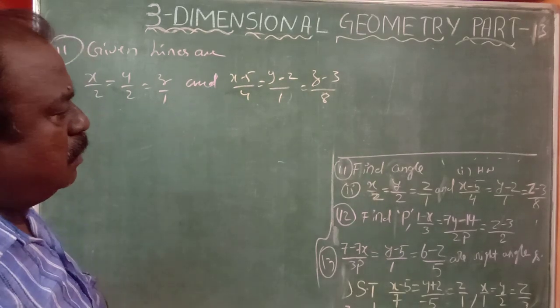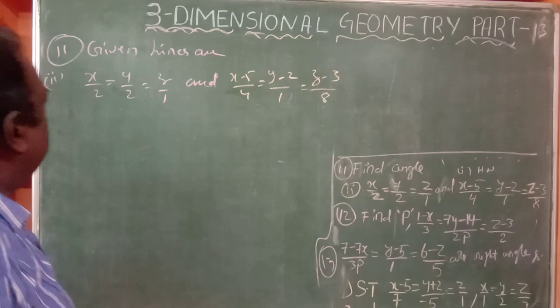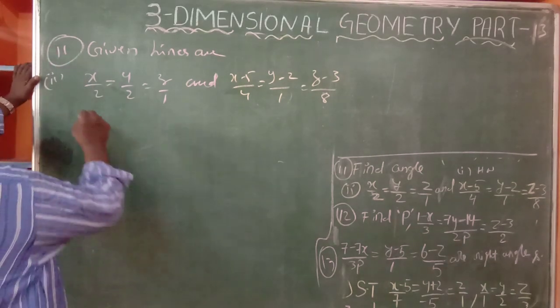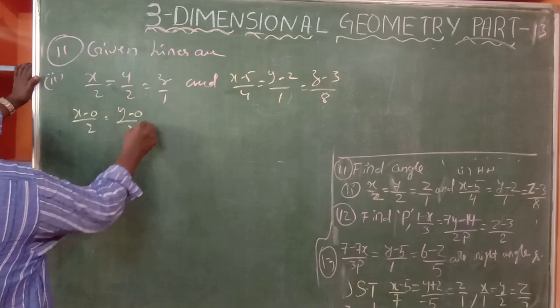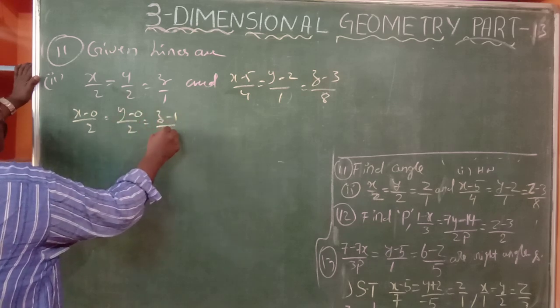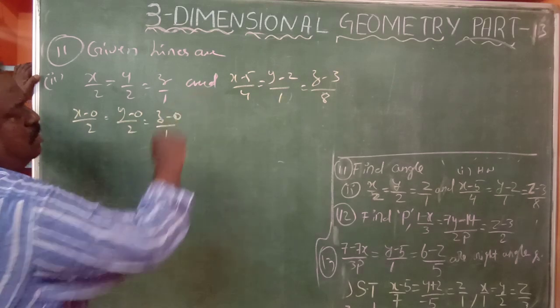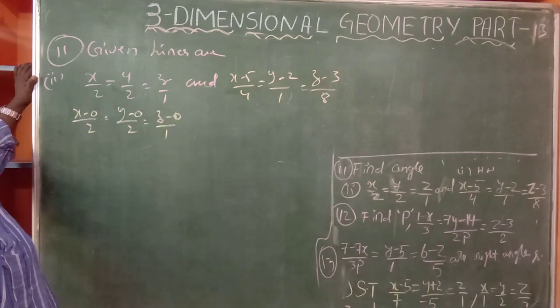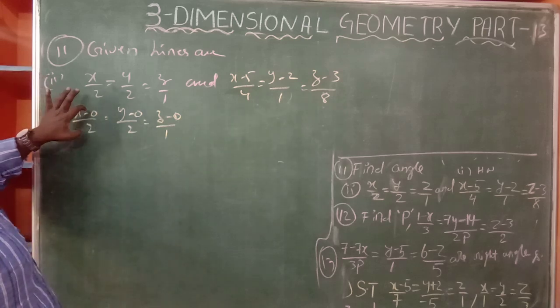Now, it is somewhat difficult. The first is not in the standard form. You see, it is x minus 0 by 2, y minus 0 by 2, z minus 0 by 1, and it is already in the form. It means this line is in the Cartesian form.